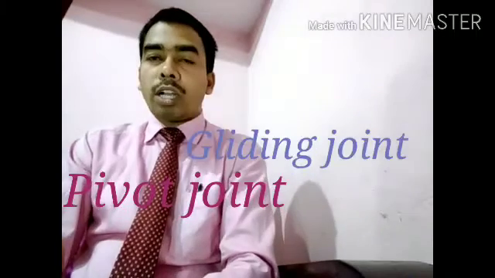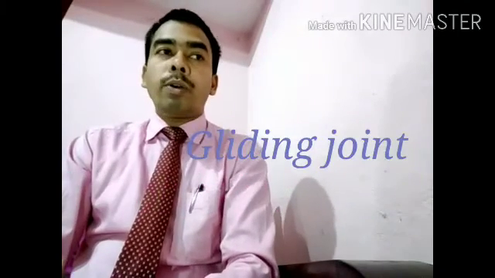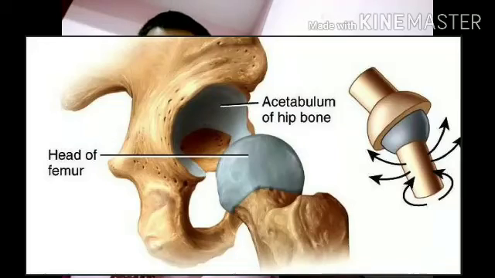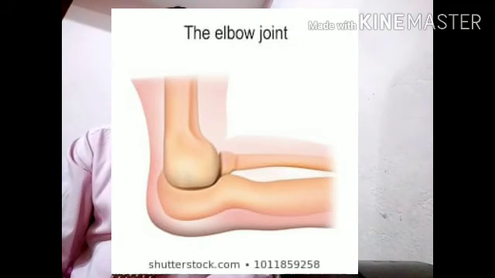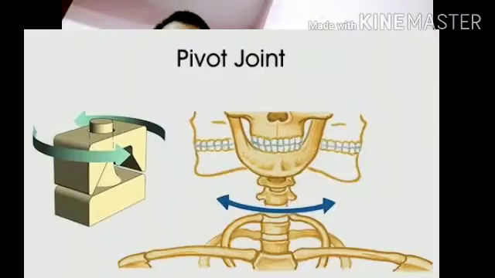The joints of the hip and shoulder are called ball and socket joints, whereas the joints of the elbow and knee are called hinge joints, whereas the joint of our neck is called a pivot joint, and the joint of our wrist is called a gliding joint.